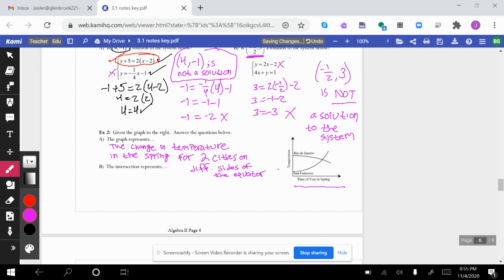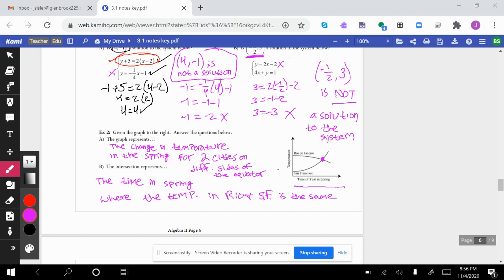Okay, so the intersection, this point where the two lines meet, what does that represent? The intersection represents the time in spring where the temperature in Rio and San Francisco is the same.